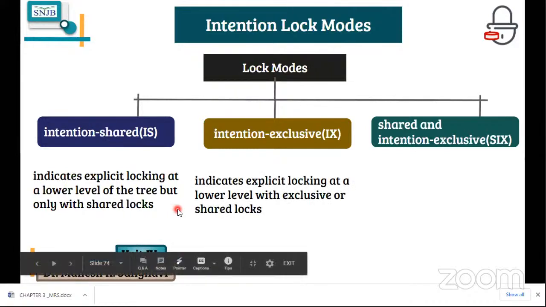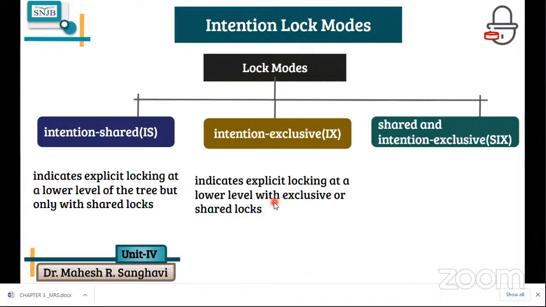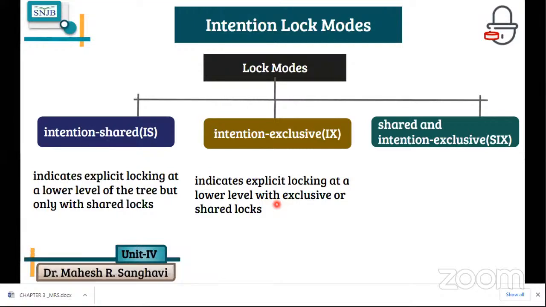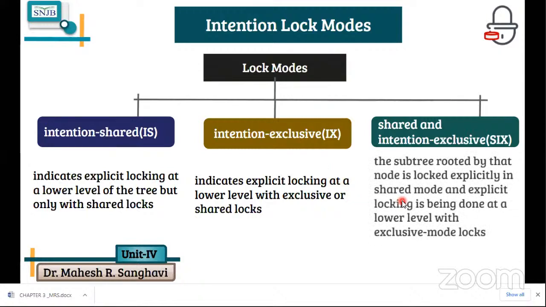In case of IX, that is intention exclusive, it indicates that you can explicitly lock at the lower level with exclusive or shared locks. So once you have locked using IX, other transactions cannot either read or write. That is the beauty of IX. And normally it is used while updating the lower data items.